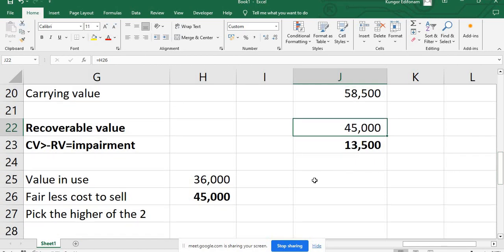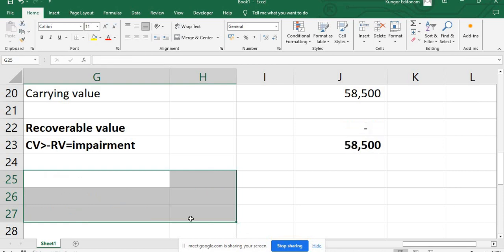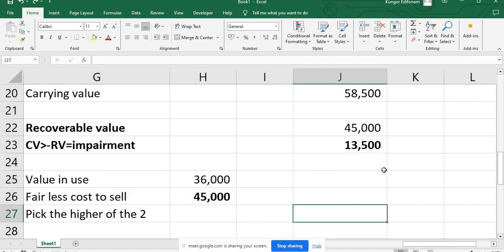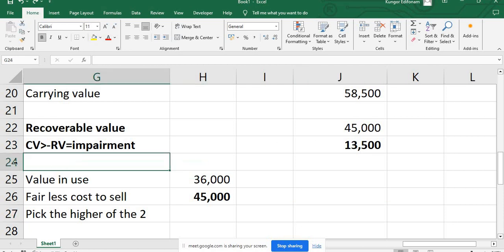So which means that there will be a further 6 months amortization.